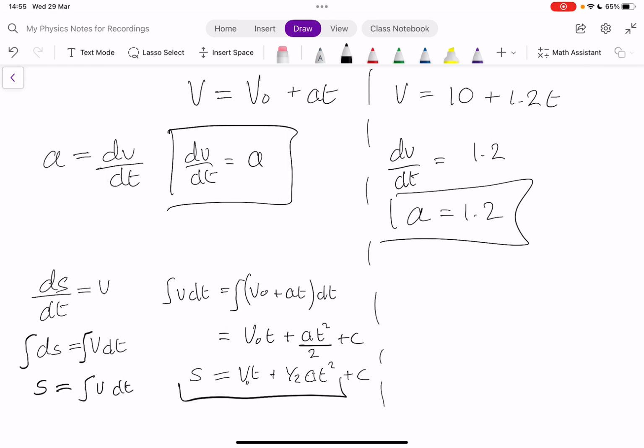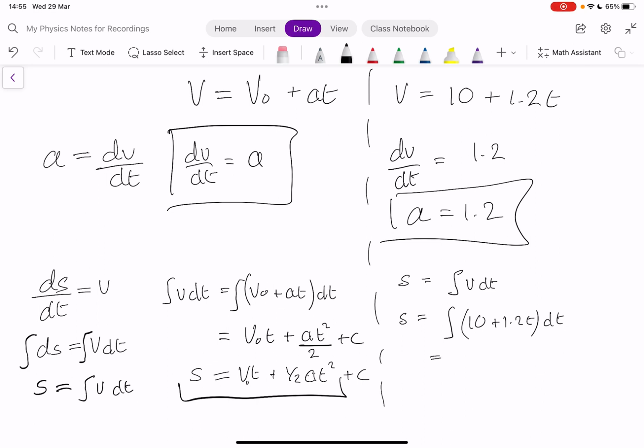All right, let's apply the same thing to the other side. s is the integral of our specific equation now, v dt. So s would be the integral of 10 plus 1.2t, all with respect to time.